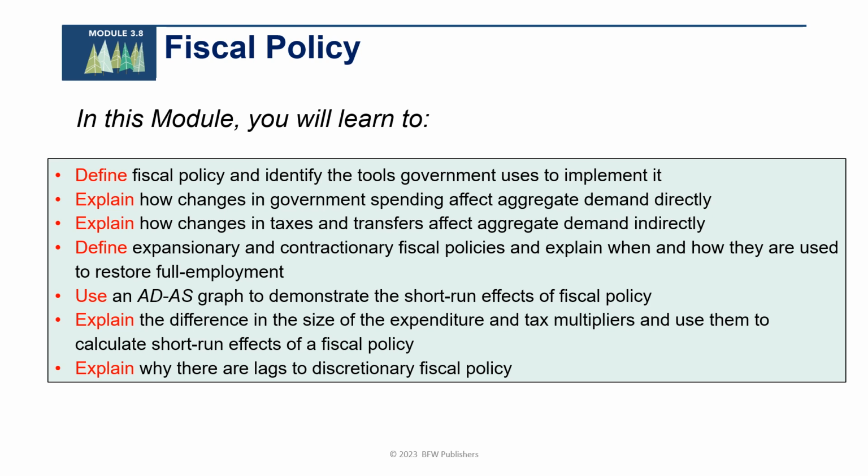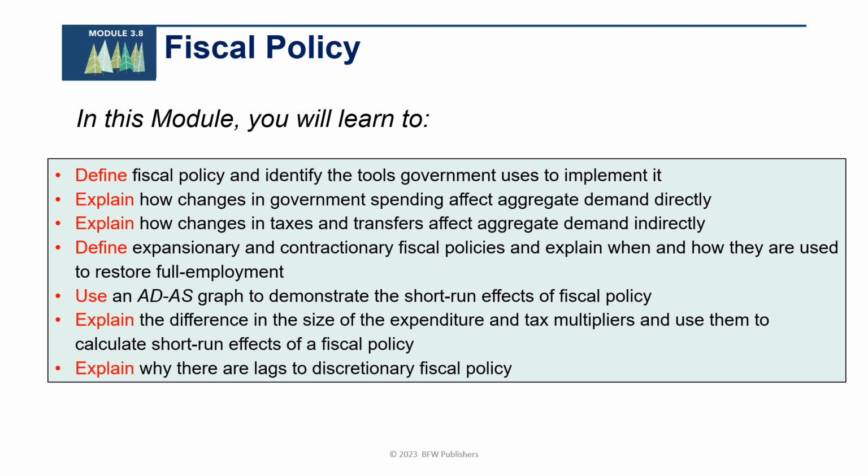This idea of fiscal policy investigates when the government takes an active role in attempting to close either that recessionary gap or inflationary gap investigated earlier when we talked about leftward or rightward, decrease or increase shifts in aggregate demand.